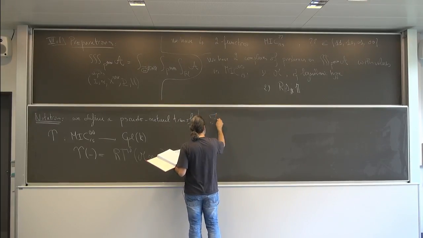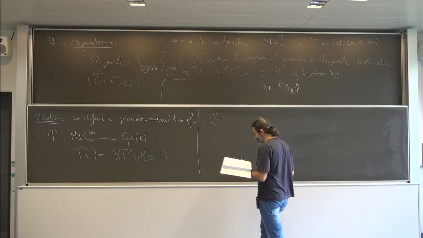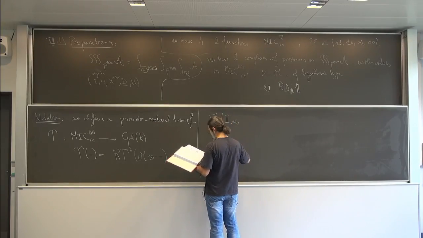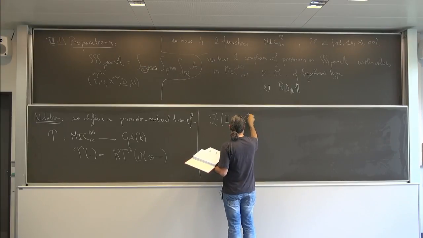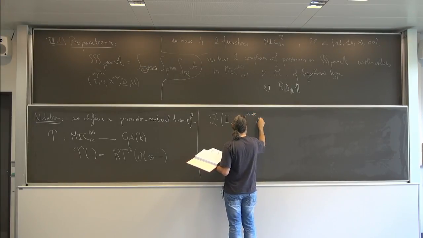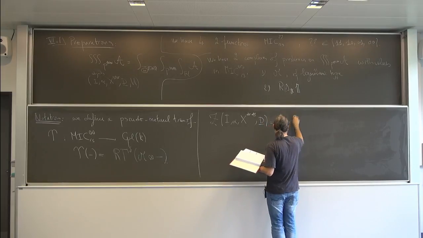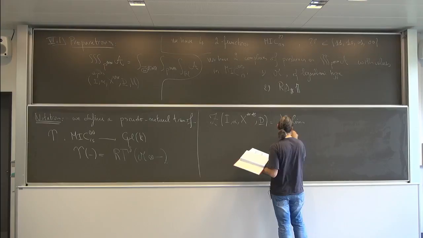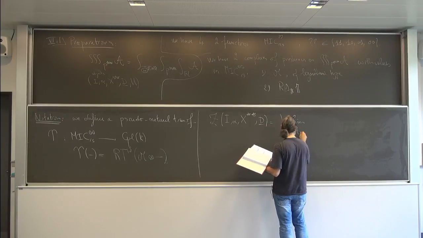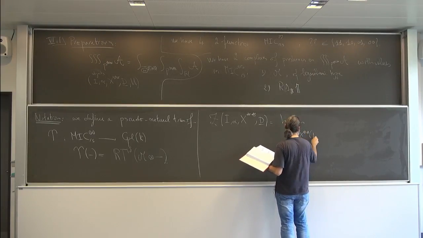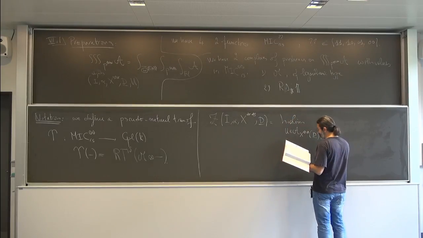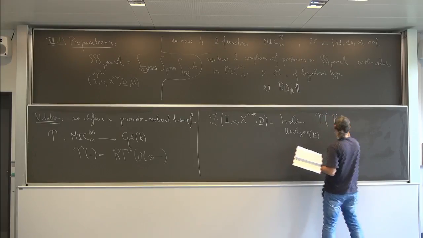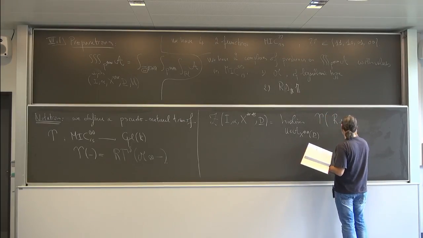So the flaggy presheaf that somehow appeared earlier today now can be written as the hocolimit over U of this epsilon applied to R S U lower star.